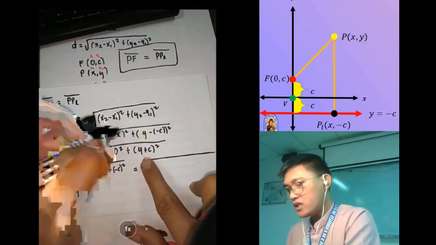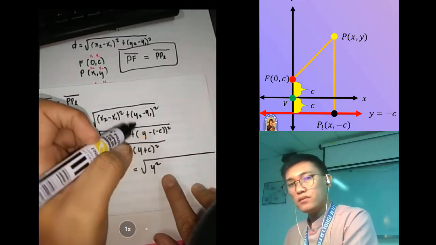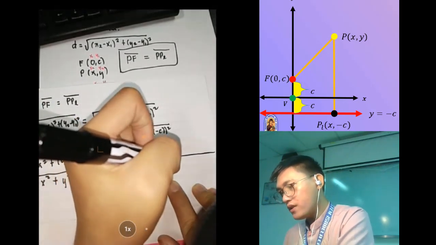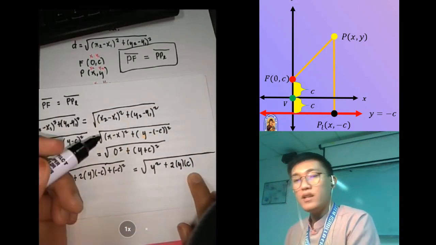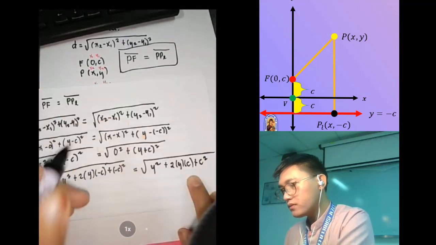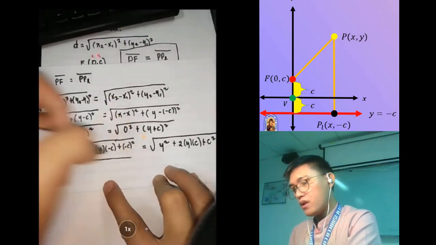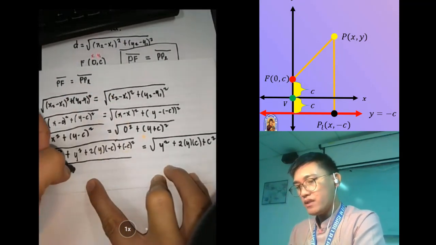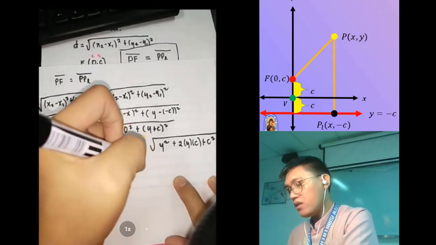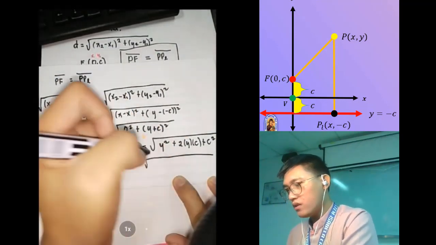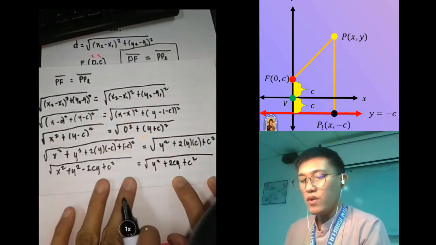Square the first term, y squared, plus twice the product of the first and the second term, y and c, and square the last term. Alright, so let's simplify. We have the square root of x squared plus y squared minus 2cy plus c squared equals the square root of y squared plus 2cy plus c squared.